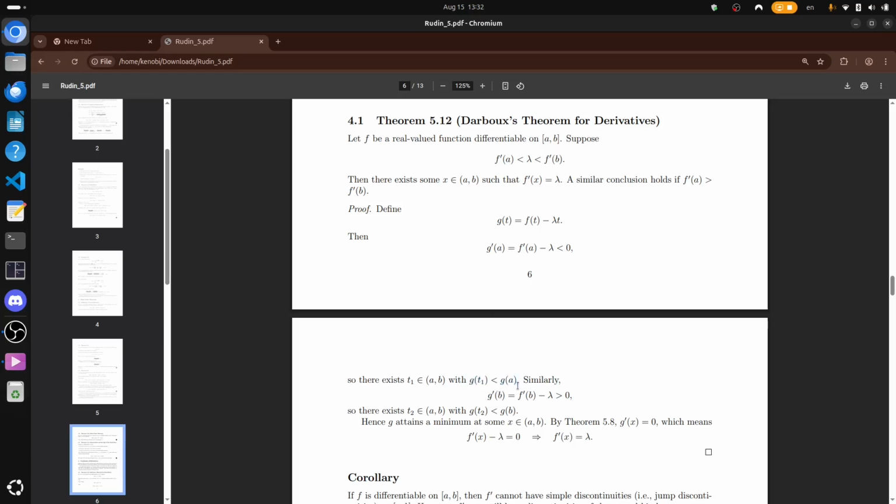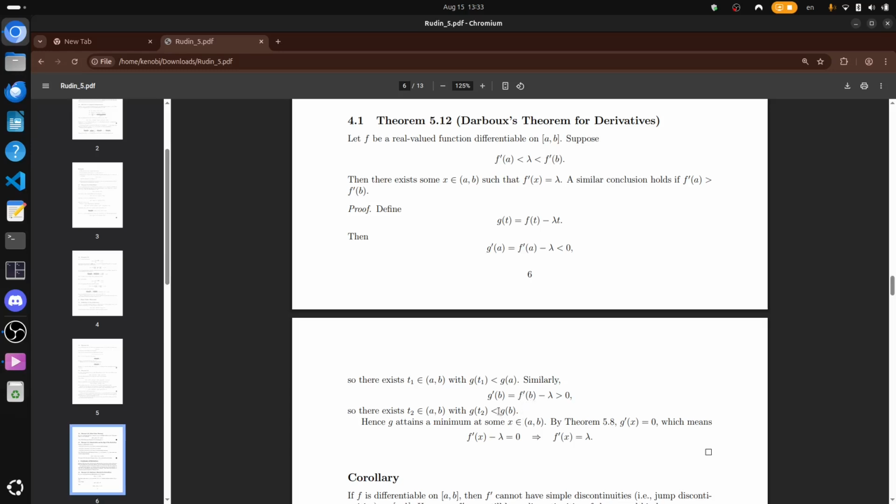And here g prime of b is greater than 0. And similarly here, you can take g of t2 minus g of b over t2 minus b. It doesn't matter because you're taking the same differences in both numerator and denominator. That's a derivative at some point between b and t2, and we know that's greater than 0.